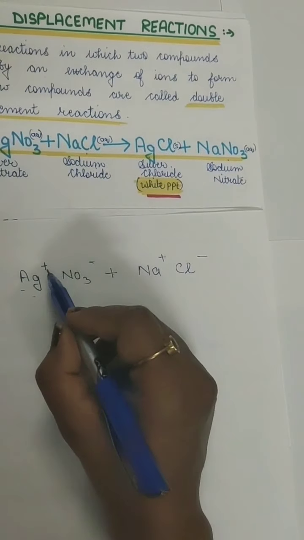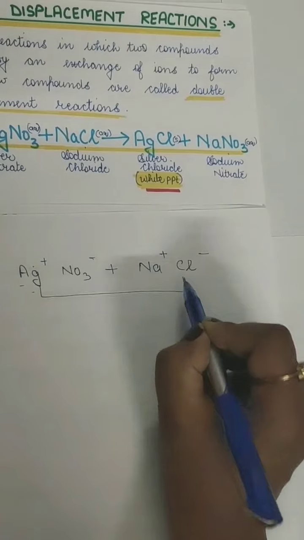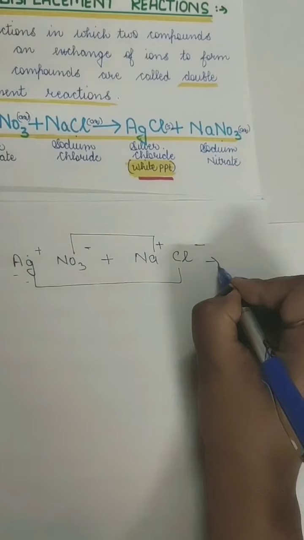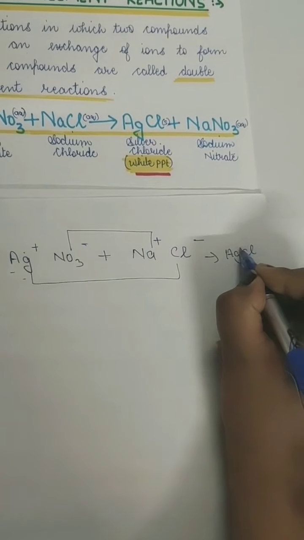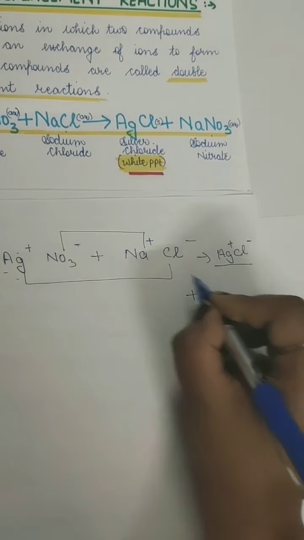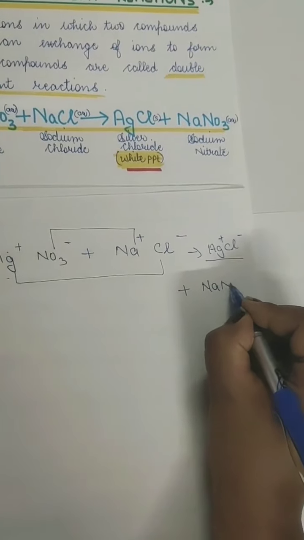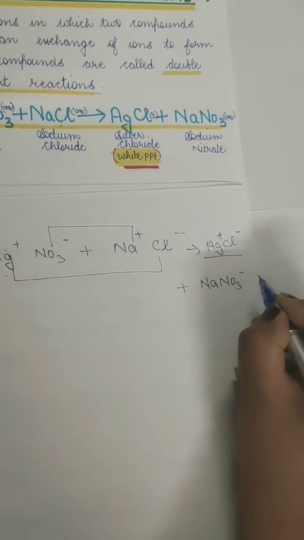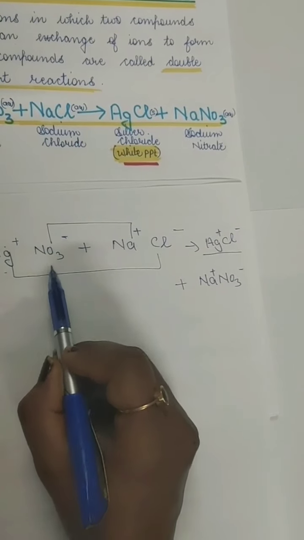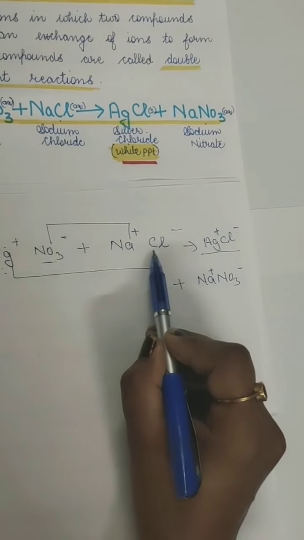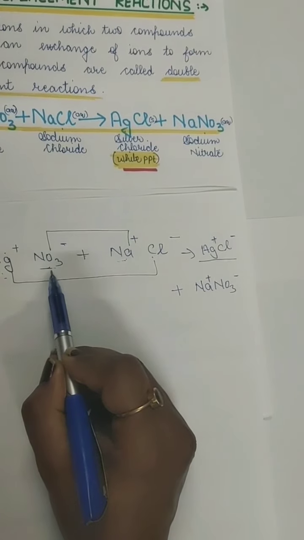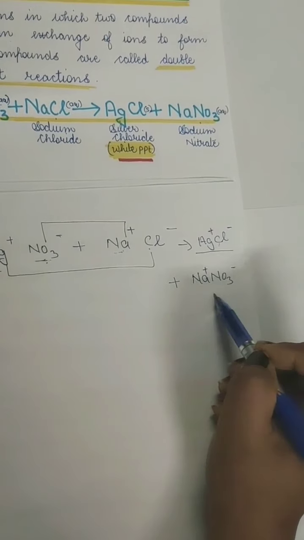So this Ag will combine with this Cl, and this NO3 will combine with this Na, forming AgCl, because it has a positive ion and a negative ion, so it's another salt, plus NaNO3. So the silver ion left its negative ion NO3 and combined with the chloride ion, and in the other case the sodium ion combined with the nitrate ion, forming the 2 new compounds.